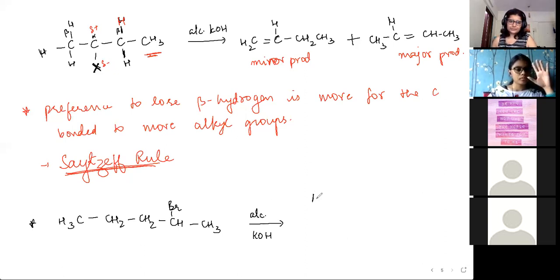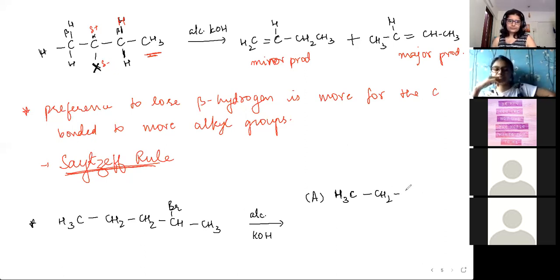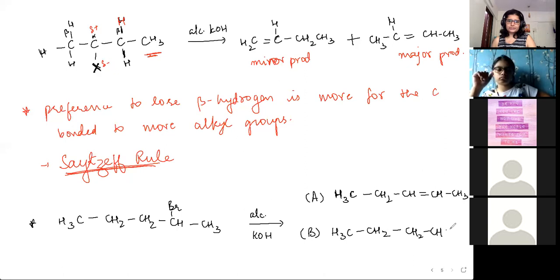I'll give you two options. Option A is CH double bond CH, CH3, or option B is CH2, which will remain the same, and now this will be CH2, CH double bond CH2. So which would be major, which would be minor? Put your answer in the chat.